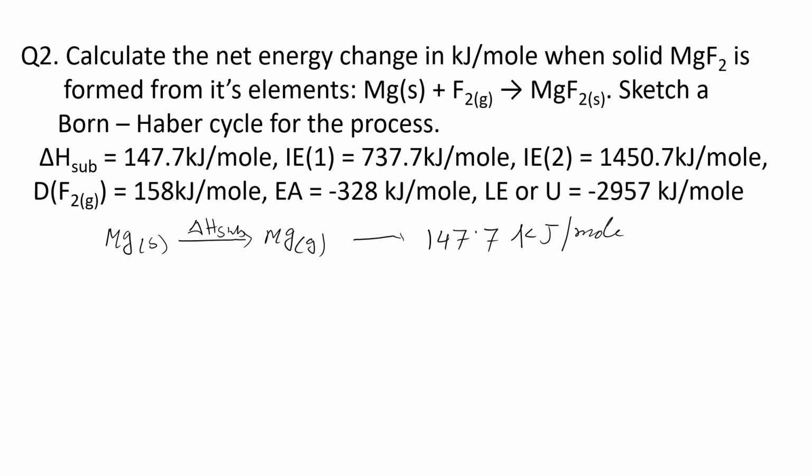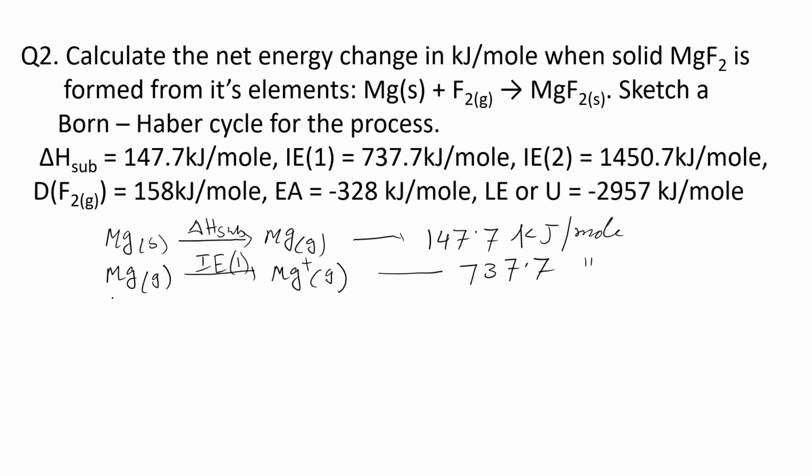Okay. Next, ionization. First ionization and second ionization. So, magnesium gas, then this ionization energy 1, first ionization, gives magnesium plus in gaseous form, and this value is 737.7 kilojoules per mole. Fine.